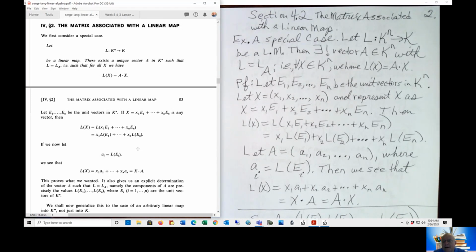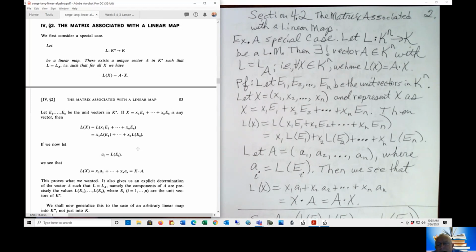Proof. Let e1, e2 through e sub n be the unit vectors in K^n. And remember, those unit vectors in K^n form what's called the standard basis for K^n. So if x is a vector in K^n, (x1, x2 through xn), then it can be written as x1 e1 plus x2 e2 plus dot dot dot plus xn en.